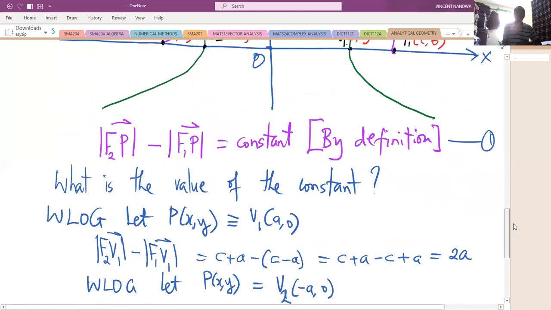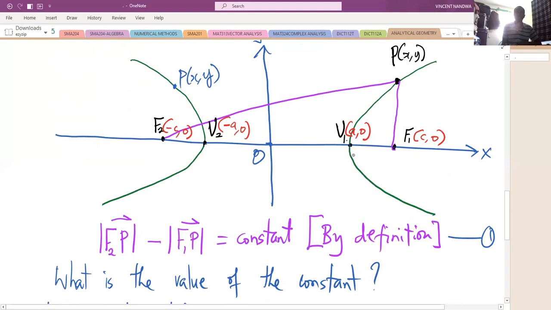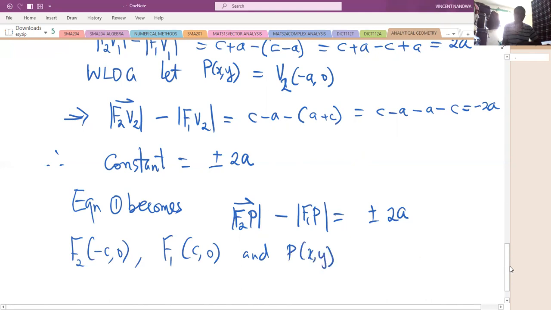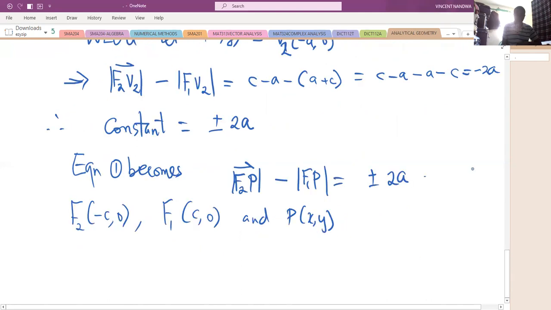Remember, the coordinates of F2 are minus C, 0, and F1 is C, 0, and P is X, Y. So F2 has coordinates minus C, 0, F1 has coordinates C, 0, and P has coordinates X, Y. Call this one equation 2.